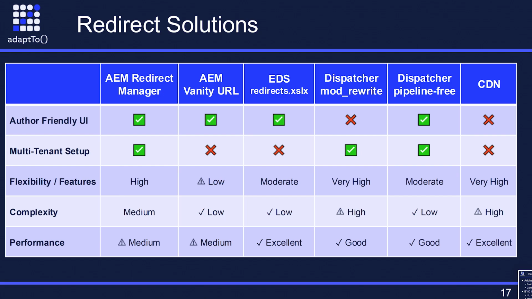There is no integrated validation, so you cannot detect any redirect loops and so on. Regarding performance, actually the performance is always good. In CDN it is excellent, but the lowest performance you have is if you process things on the AEM layer. With that, let's come to the part where we try to put the pieces together.